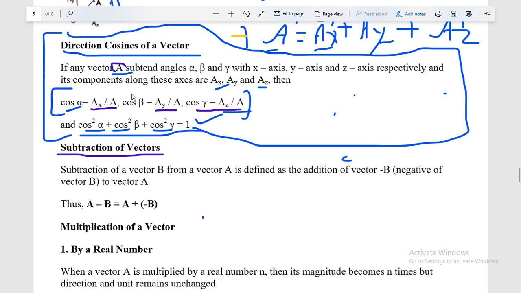So finally we can write cos square alpha plus cos square beta plus cos square gamma is equal to 1. You can square these terms and add them together, and you will get this relation. So this we have completed yesterday.